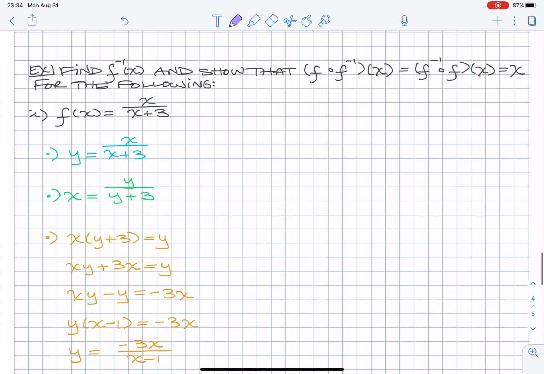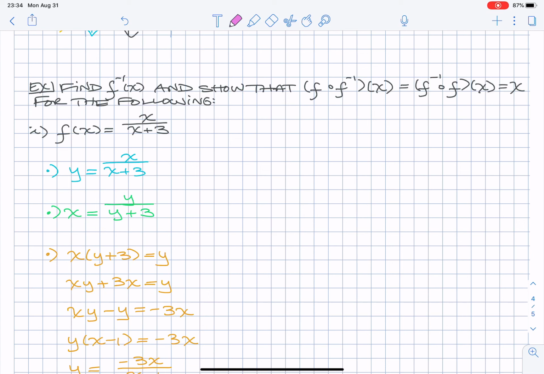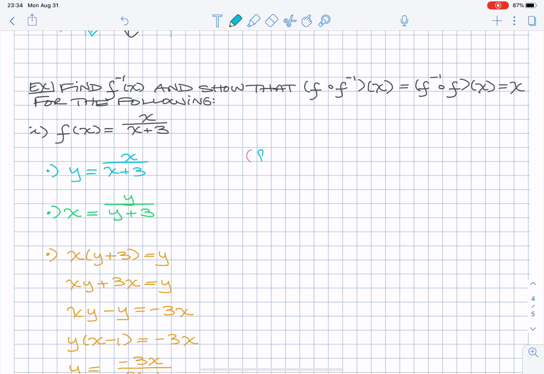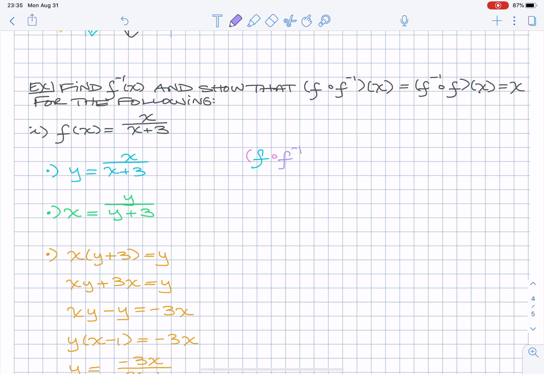Okay, so what I'd like to do now is evaluate f composed with f inverse of x, which means into the function f, I'm plugging the function f inverse of x.